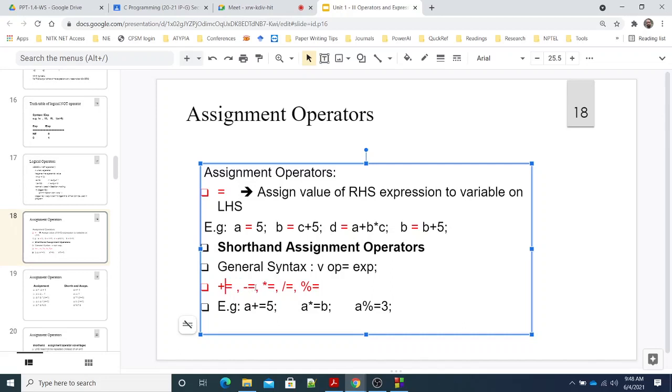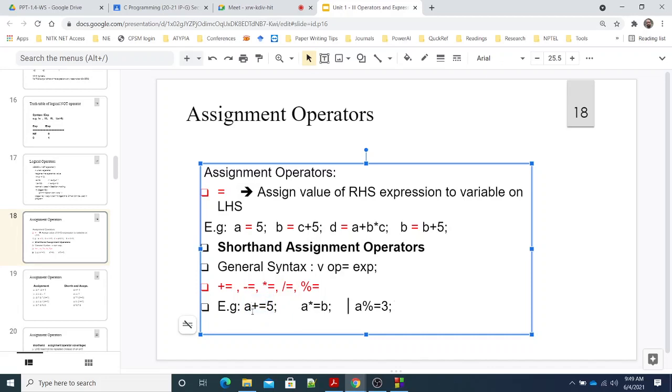Similarly, minus equals, multiplication followed by equals, division followed by equals, modulus followed by equals. In an expression, it looks like this: a plus equal to 5, a into equal to 5, a mod equal to 5.